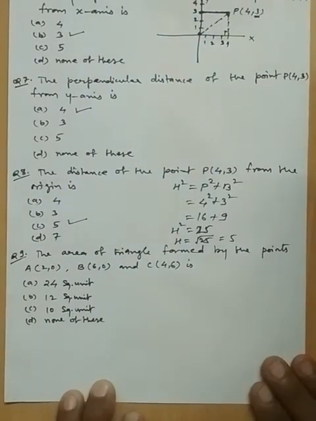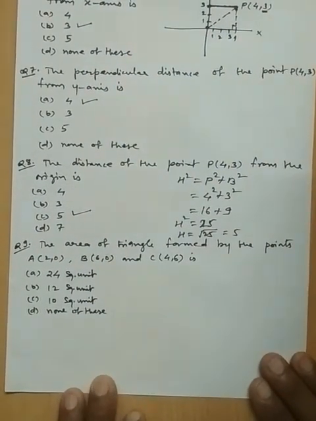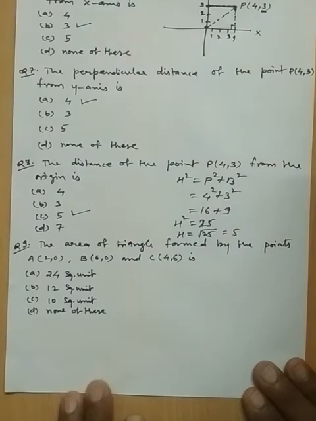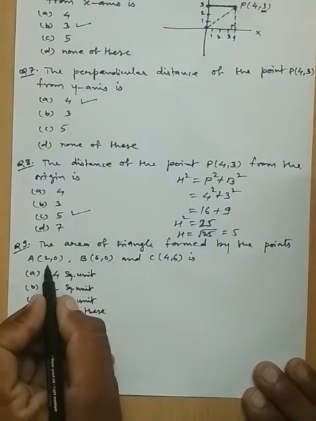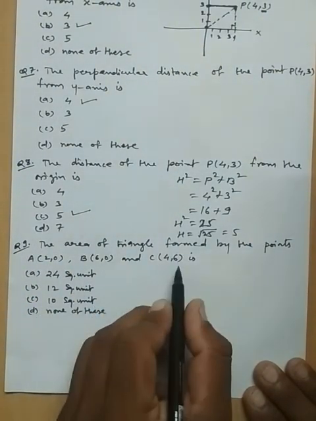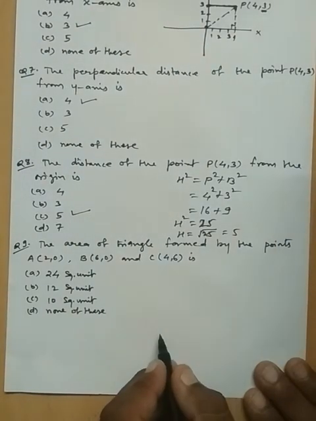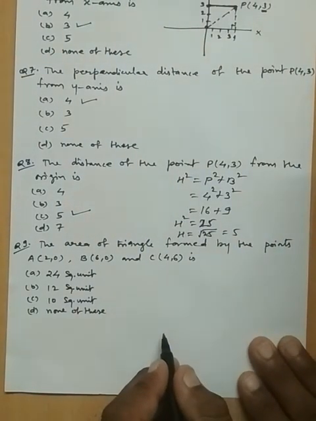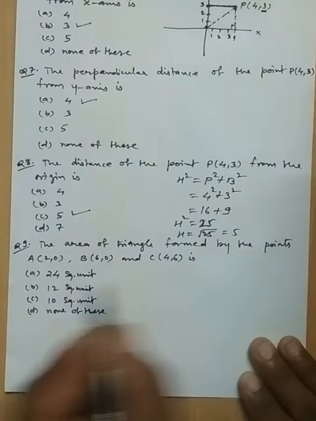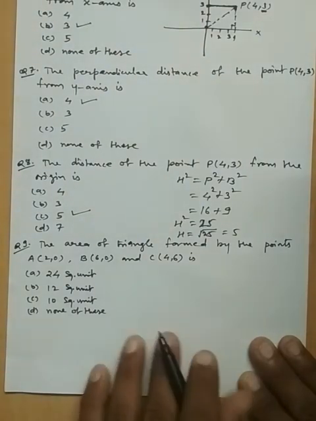Our next question: find the area of the triangle formed by the points (2, 0), (6, 0) and (4, 6).